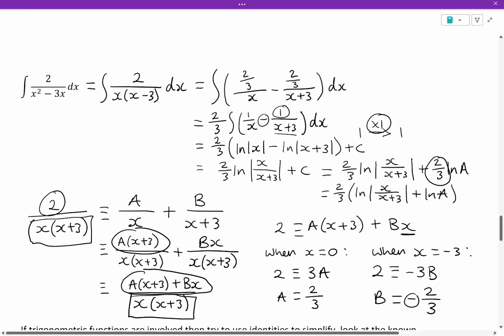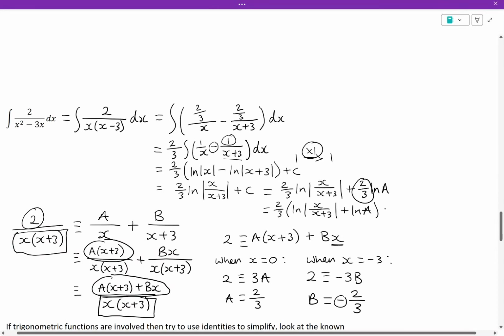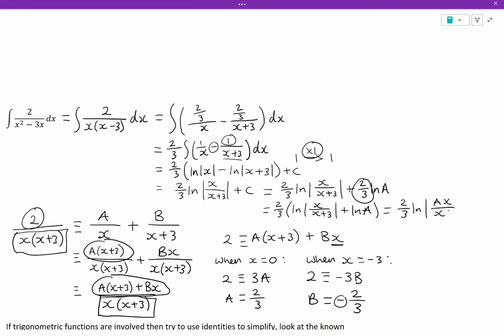And because we've got a plus here, we can now multiply our arguments of our natural logarithms together. So we get a final cleaner answer of 2/3 times the natural logarithm of ax over x plus 3. Again, that's the neatest way we could potentially give our answer.